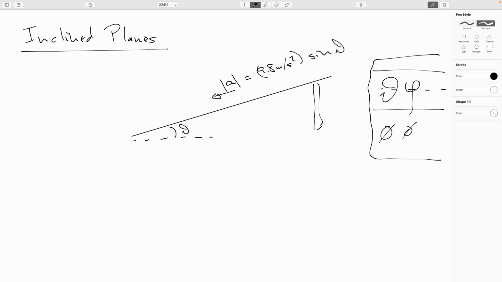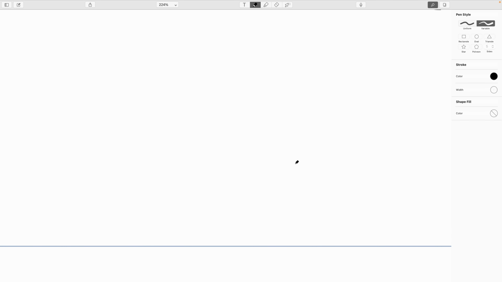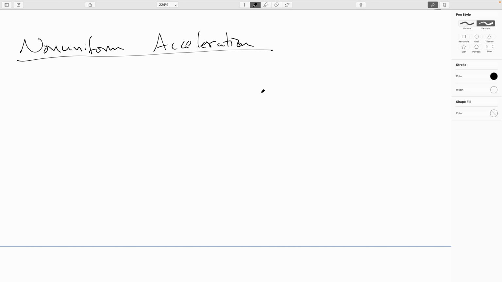Then finally, you might ask yourself, what if the acceleration is not uniform? And there, if the acceleration isn't uniform, you're usually just going to have a case of the big sad.